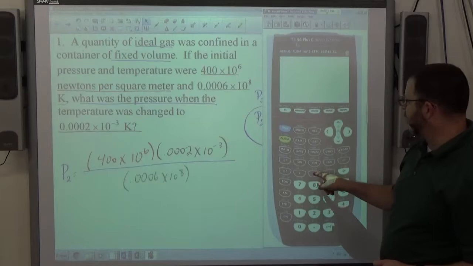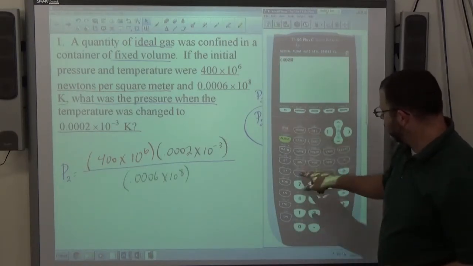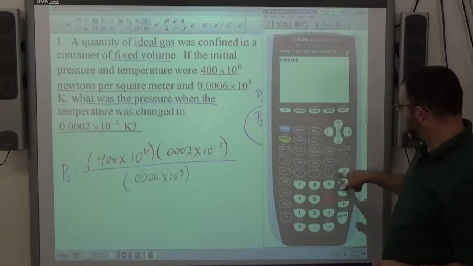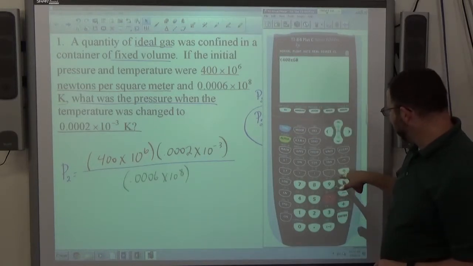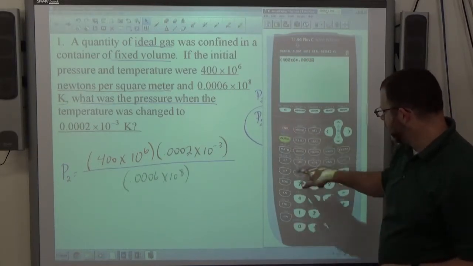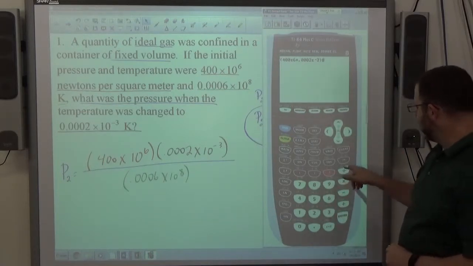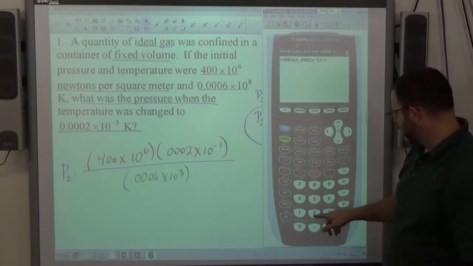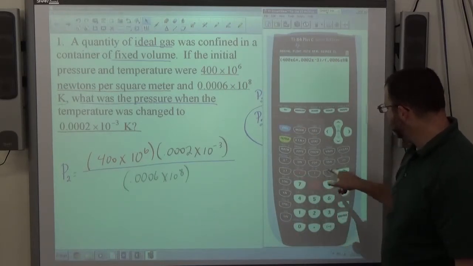So I'm going to put parentheses, 400 times 10 to the 6th, so not hitting the times key, but hitting second, comma, so 400 E6 times 0.0002 EE negative 3. So the entire top is encased in parentheses, divided by parentheses 0.0006 EE 8 in parentheses.